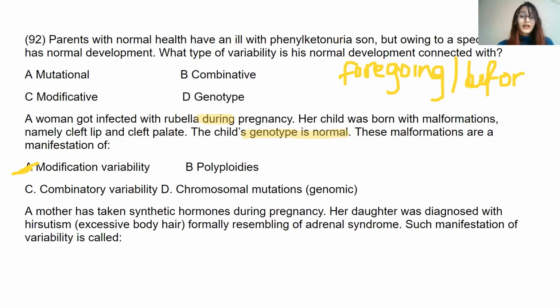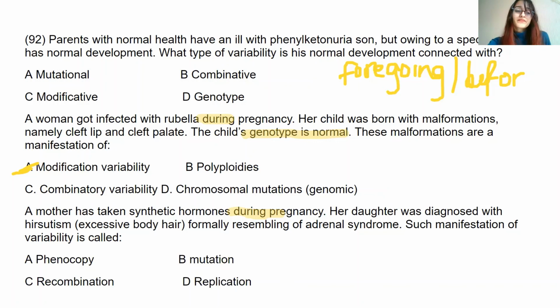Next question, similar: she has taken synthetic hormones during the pregnancy, and her daughter was diagnosed with hirsutism, resembling adrenogenital syndrome. Such a manifestation of variability is called what? Again, you see that it is not heritable because the genotype is normal, and all these symptoms are due to environmental factors, that her mother took some hormones like steroid hormones during pregnancy, which led to the development of such symptoms.